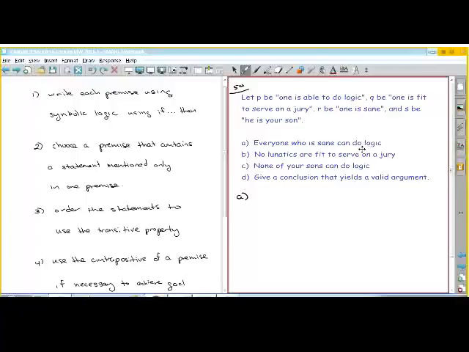Everyone who is sane can do logic. So how would I write that? If one is sane, then one can do logic.